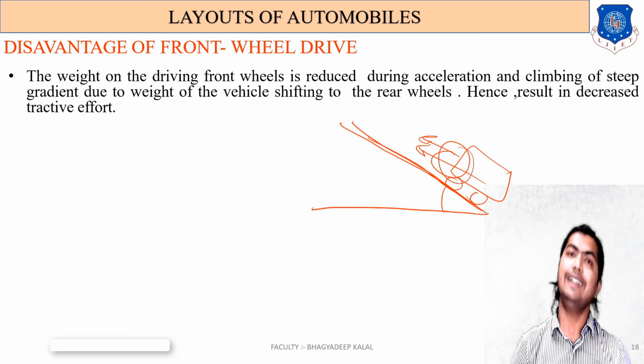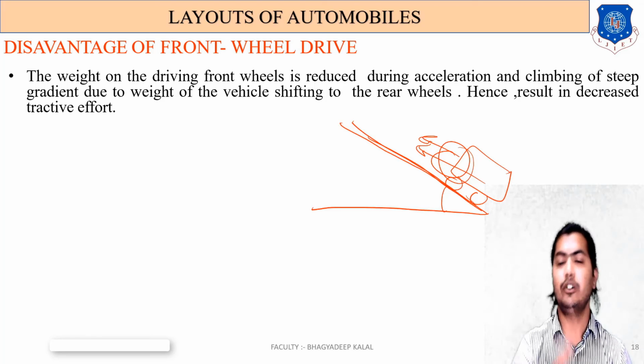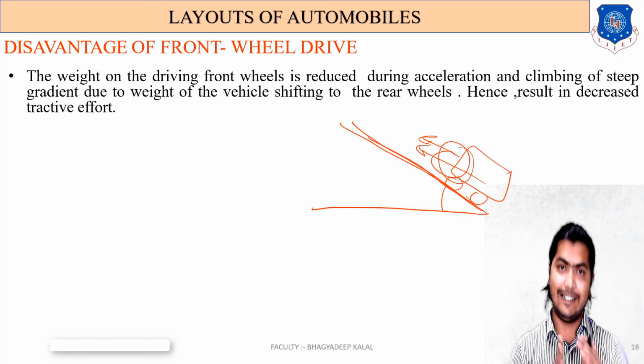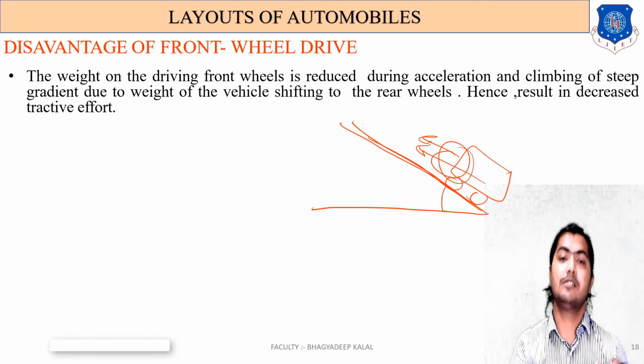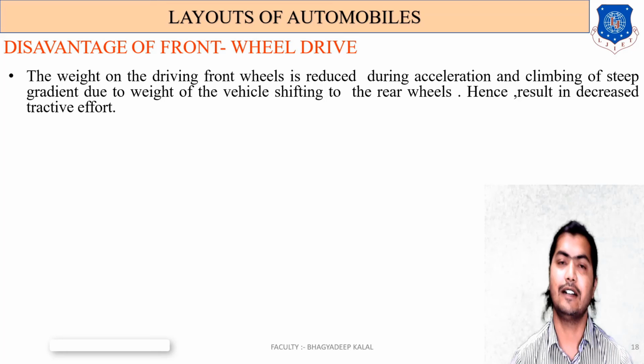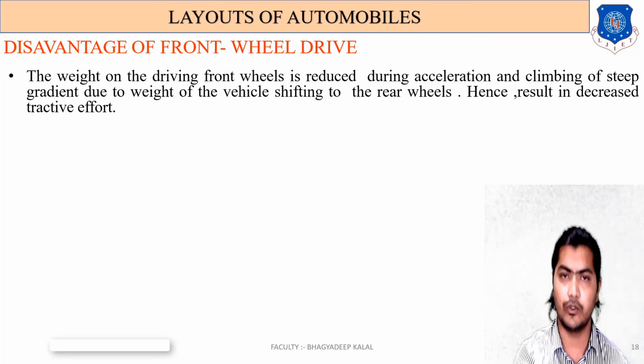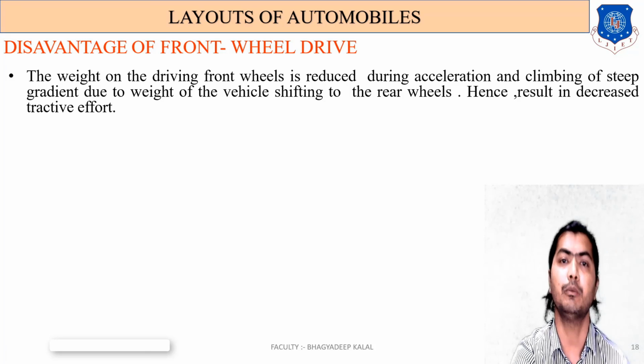During acceleration and climbing, the weight of the vehicle shifts to the rear wheel, resulting in a decrease in tractive force. Tractive force means the force required to move in the forward direction, that is, the pulling force.